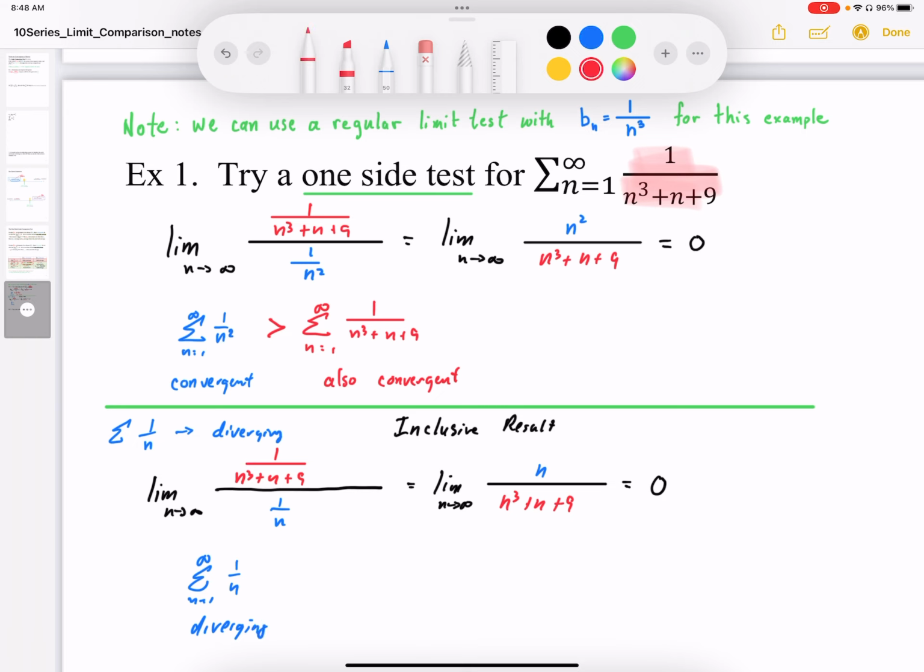And we know that the series that we tested is smaller than a diverging series. Well, smaller than infinity can still be infinity. So we end up with a question mark here. This is inconclusive. Although we know it's smaller than diverging, we don't know if it's in fact converging.